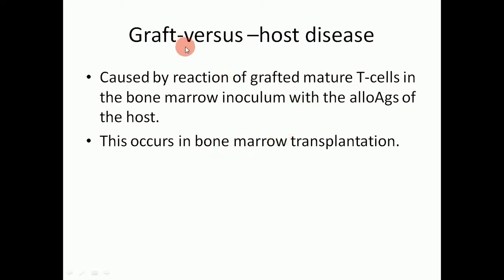In graft-versus-host disease, the donor mature T cells in the bone marrow will attack the host lymphocytes. So before we do bone marrow transplantation, we must kill all lymphocytes present in the patient's blood.